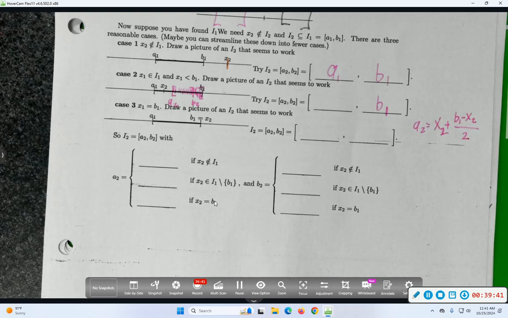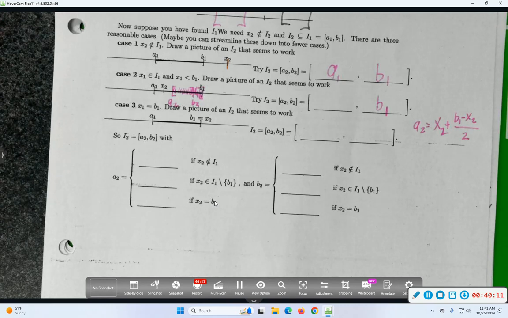I don't want to do it, but you do it. Your intuition's good, but that looks complicated. Can we just get rid of the plus x2?